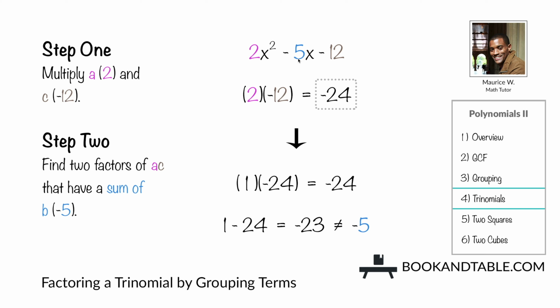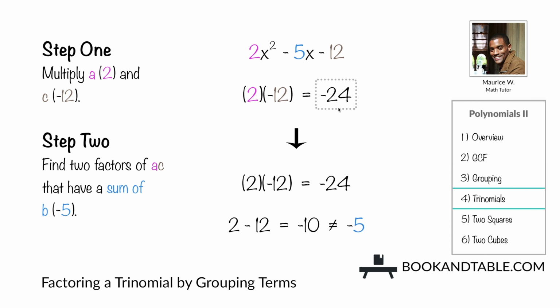So we'll start by looking at 1 times -24, since that has a product of -24. But the sum of these factors is 1 minus 24, which is equal to -23, and that does not match the coefficient of our x term, -5. So 1 and -24 are not the factors of -24 that we are looking for.